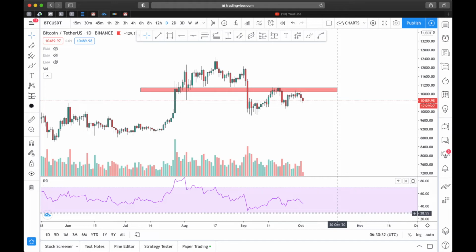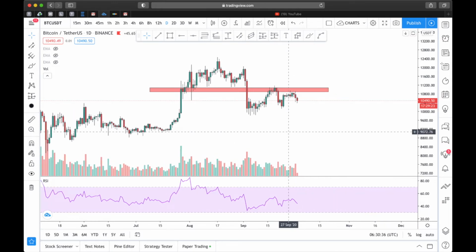There's a concept I want to talk about with RSI: bullish divergence and bearish divergence. What bullish divergence tells us is when price has been falling for a period of time, and the oscillator, which is our RSI, is showing us that there's going to be a potential uptrend really soon.